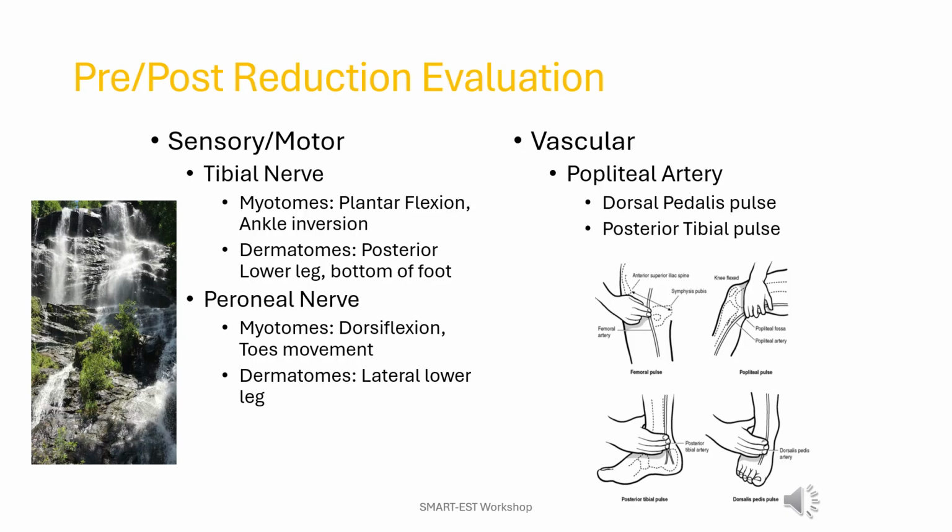The sensory distribution, the dermatome, is the posterior lower leg and the bottom of the foot. Peroneal nerve, the myotome motor function is ankle dorsiflexion with toe movements, and the sensory distribution dermatome is the lateral lower leg.